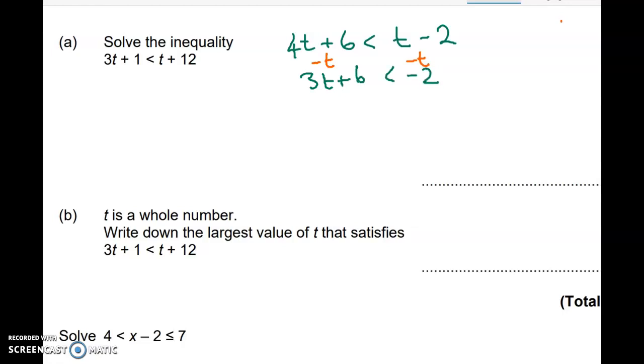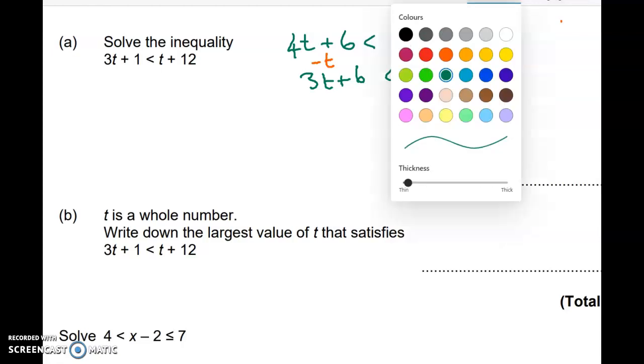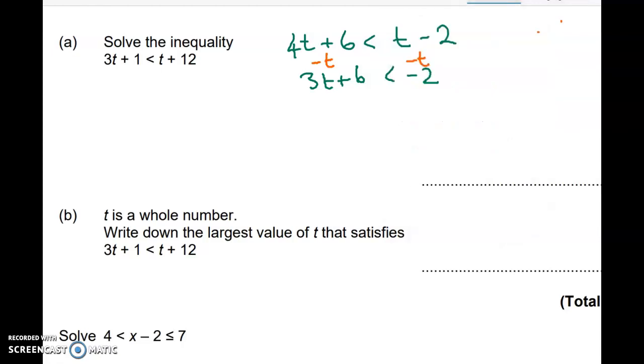I've taken away 1t from 4t's, which gives me 3t's. I haven't affected the 6 because that's not got t's in it, and this t will disappear, and I've just got minus 2 left. Now I've got to move everything away from the t's. So I'm going to undo this plus 6, so I'm going to minus 6 from both sides.